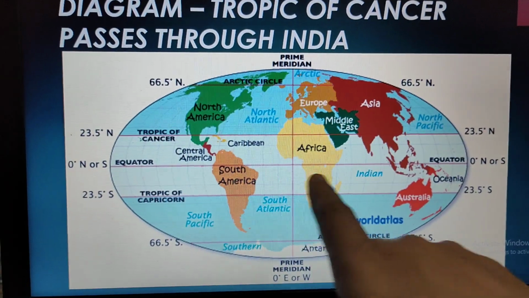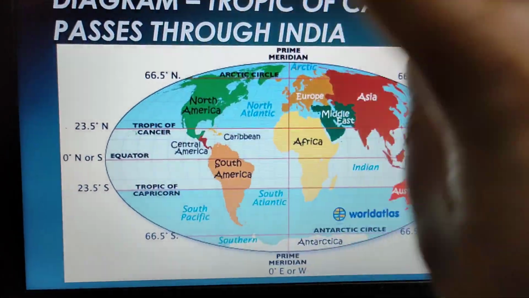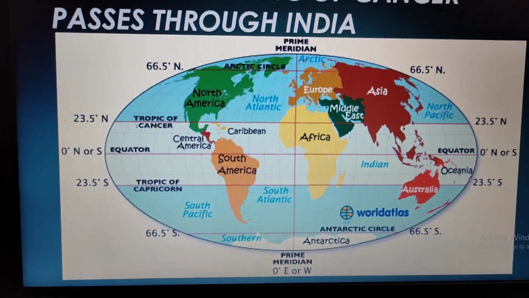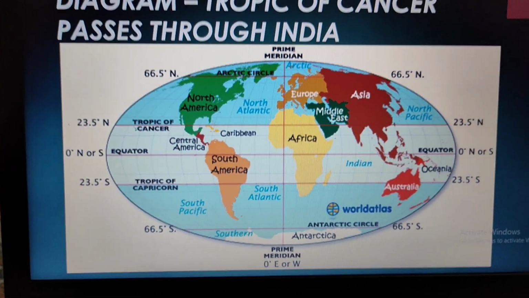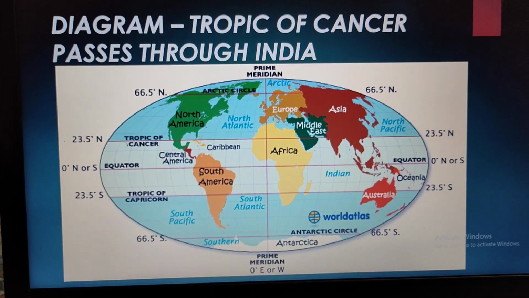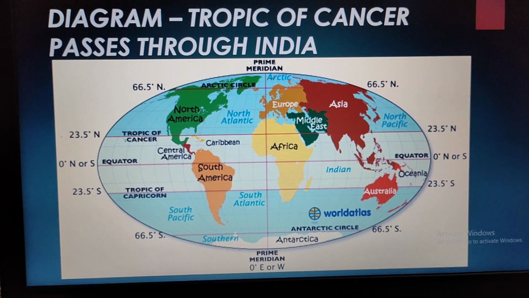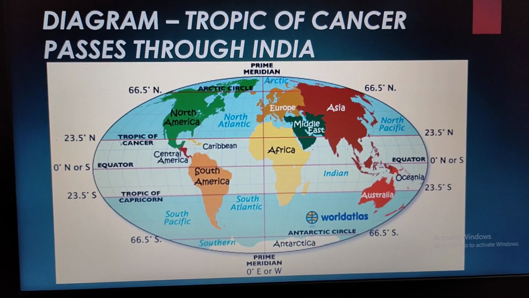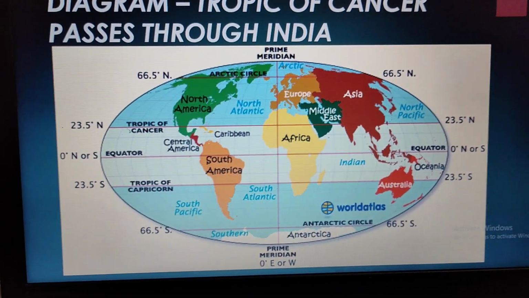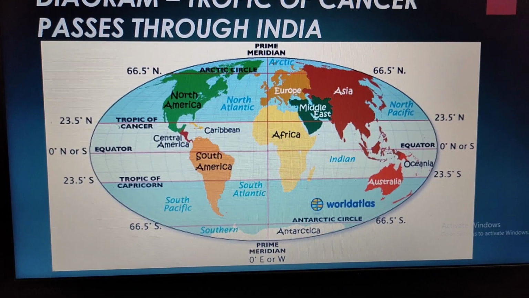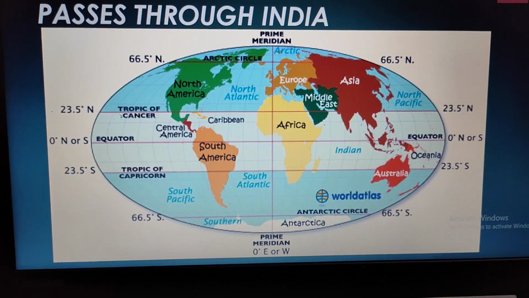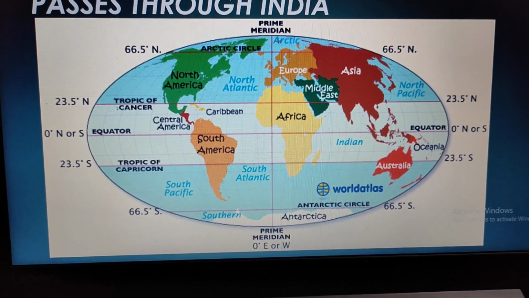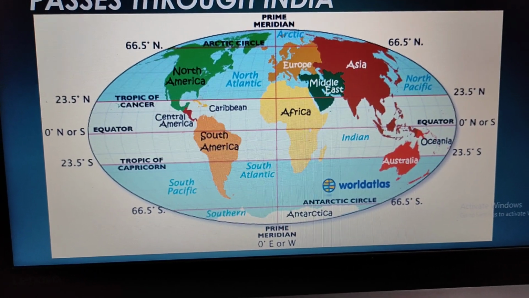The way equator is dividing the entire globe into two equal parts, that is the northern hemisphere and southern hemisphere, similarly, your Tropic of Cancer is also dividing India into two equal halves. And it is at 23 degree 5 north.